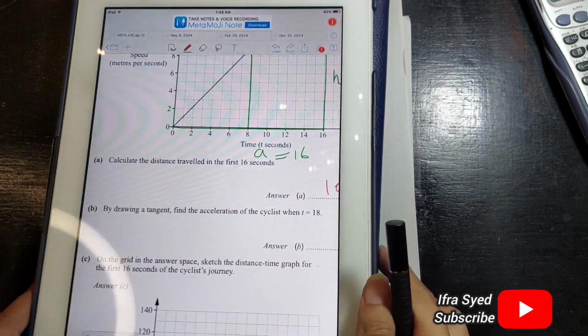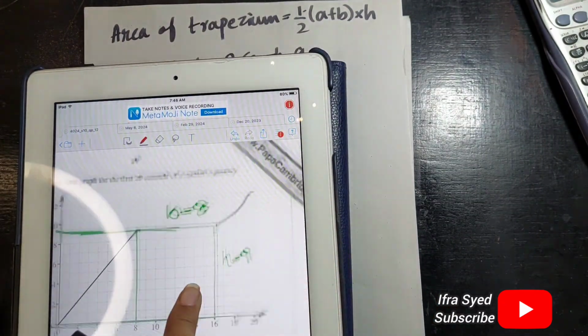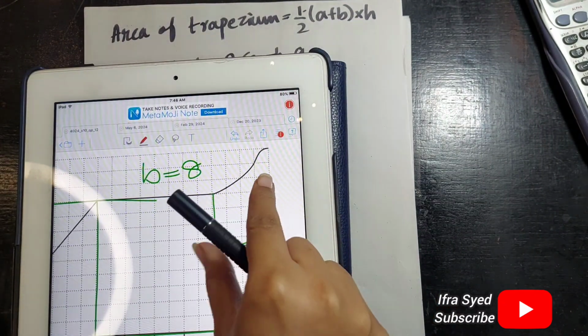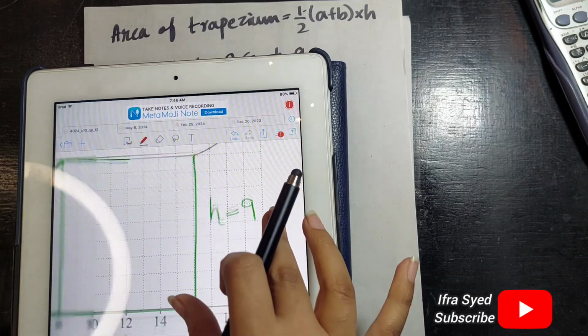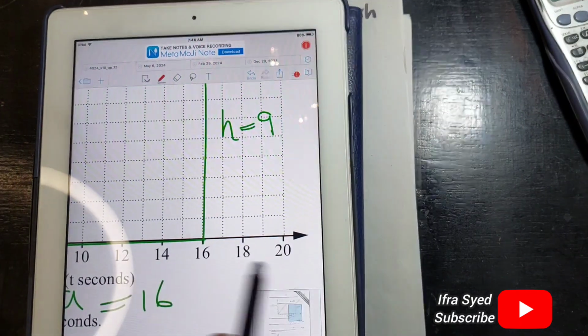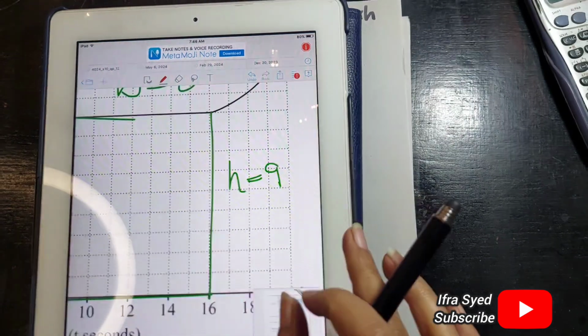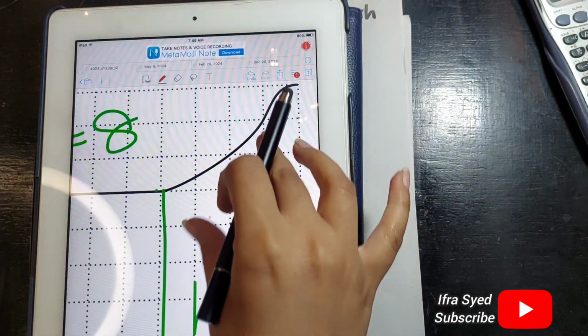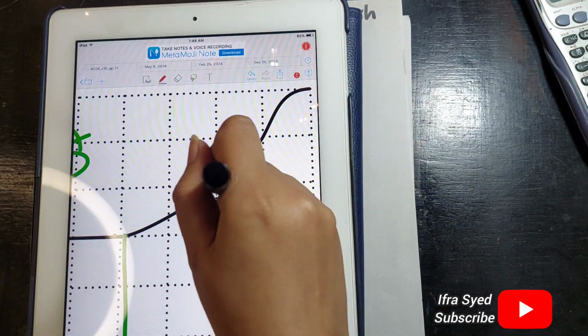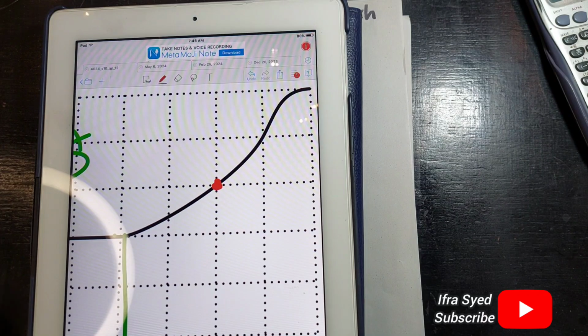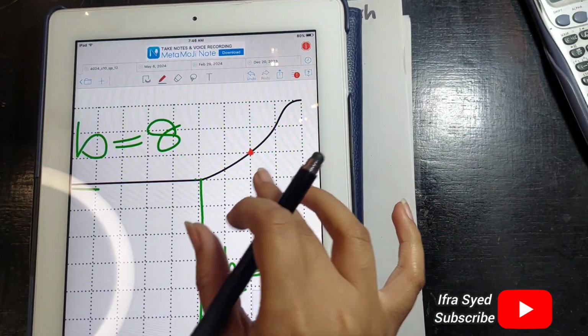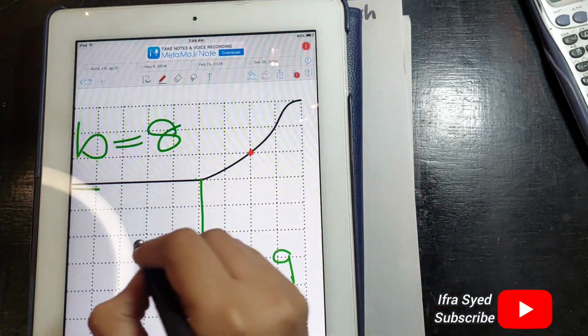First of all, I will draw a tangent line by using this point t is equal to 18. In the horizontal axis we have time, and we need to draw a tangent line when t is equal to 18. So here is the point where the tangent line touches the curve. So I'm drawing a tangent line here.